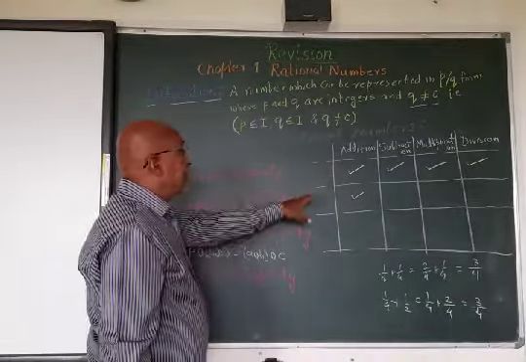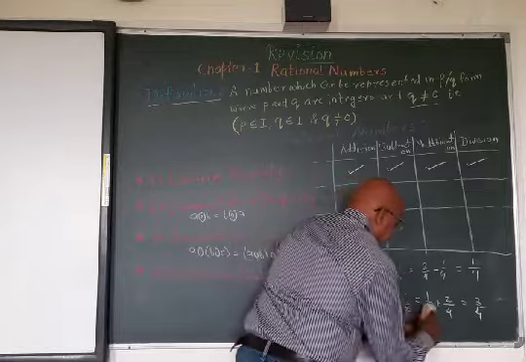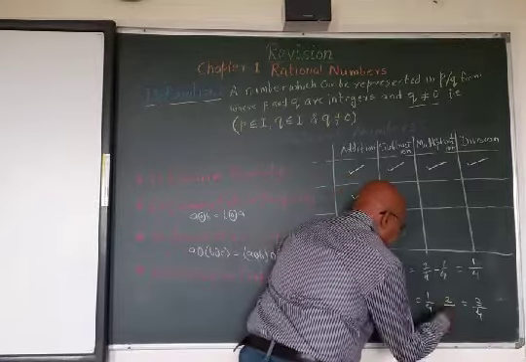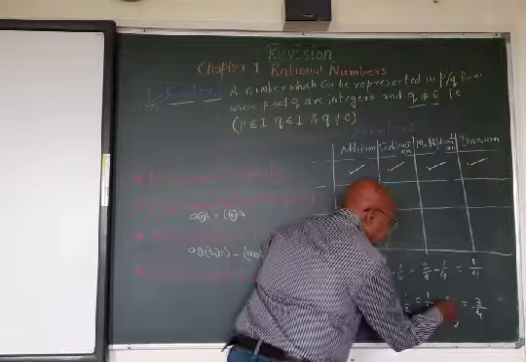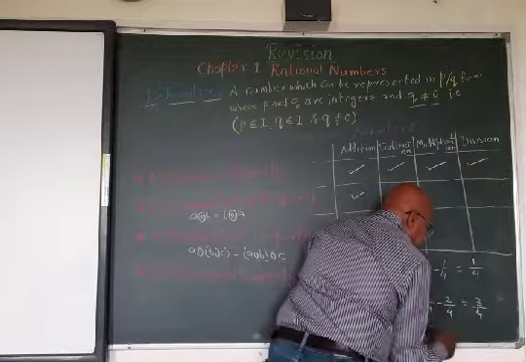Second is subtraction. When we subtract, what result do we get? We get here 1 by 4. And when we change the sequence, now 1 minus 2 is minus 1.